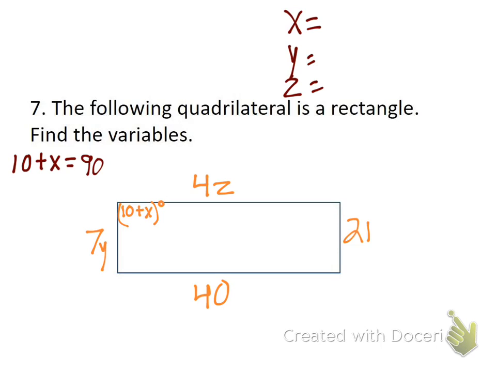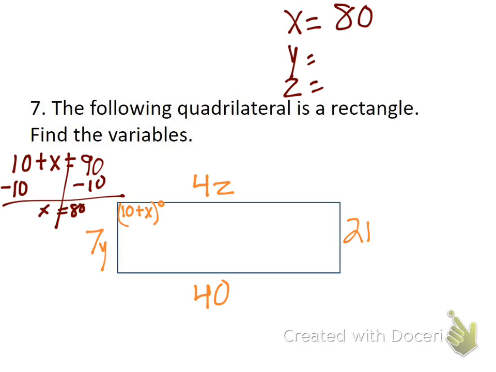In a rectangle, all the angles are always 90 degrees. So 10 plus x equals 90. So we'll subtract 10 on both sides. What does x equal? 80.